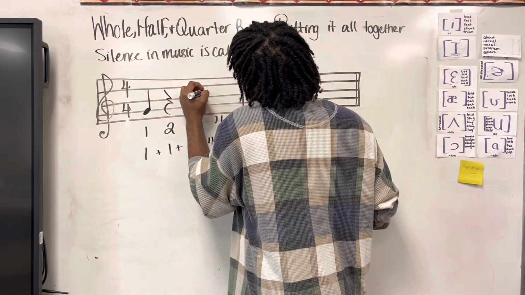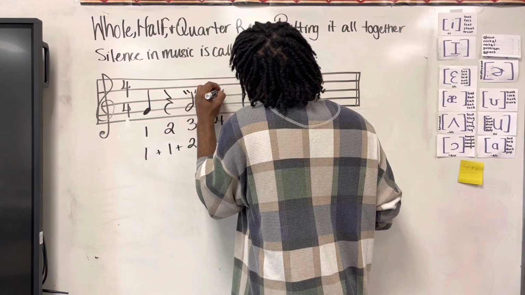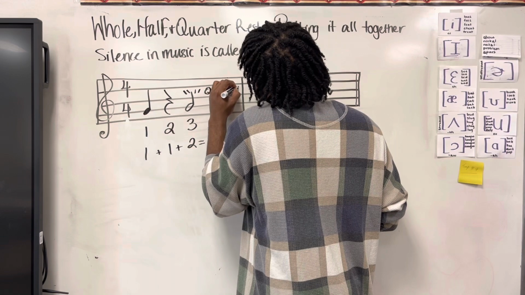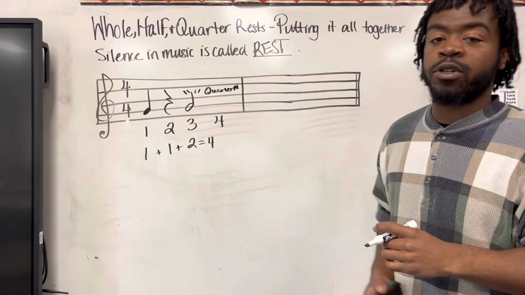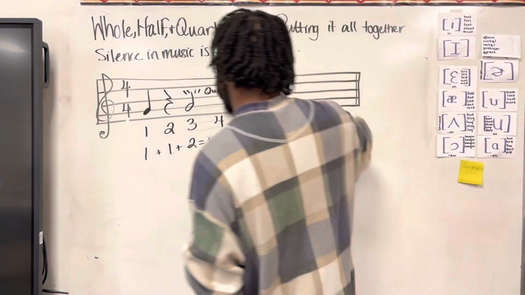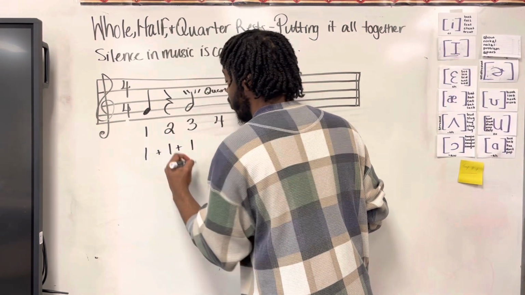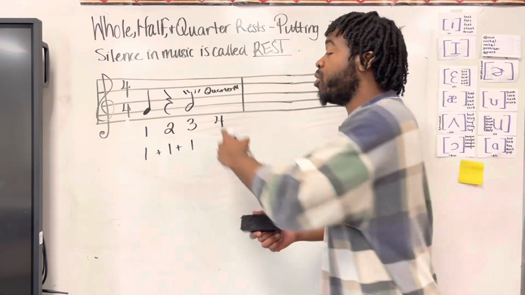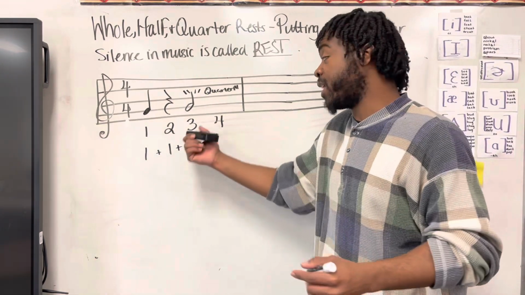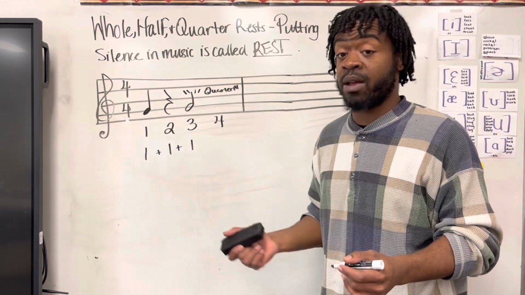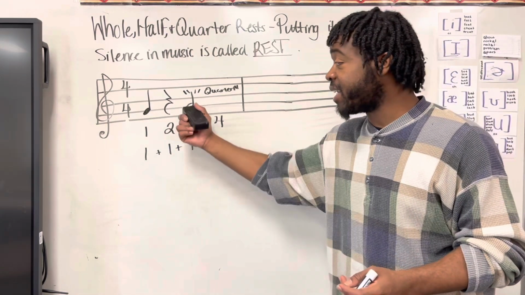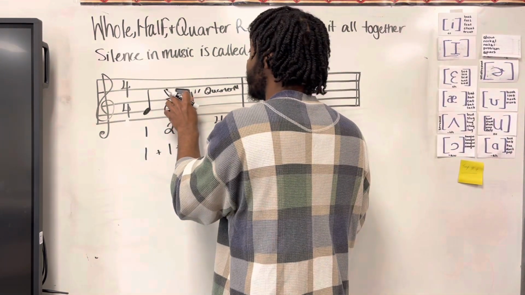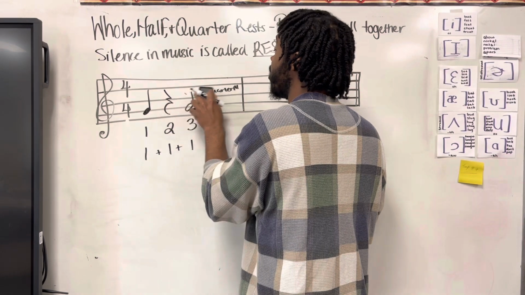This half note is posing as a quarter note. So instead of it being like that, I could put 1, 1, 1, and I only have 3 beats in the measure, right? Or you can mistake this to be a quarter note and say that it's 3 beats. It's only 3 beats in that measure, so this measure is incomplete. But that's not the case. Let's say we erase these. You can't do it like that.